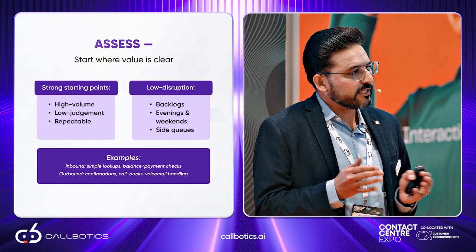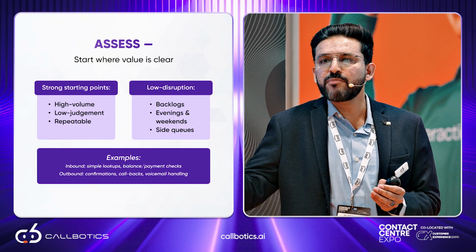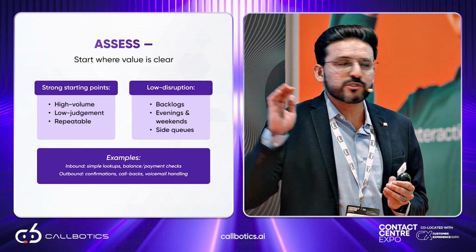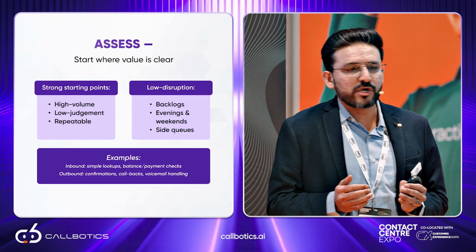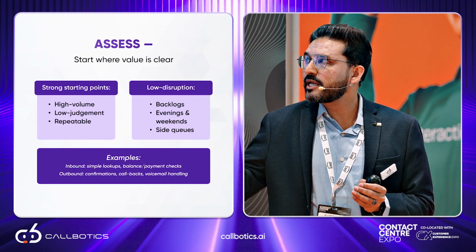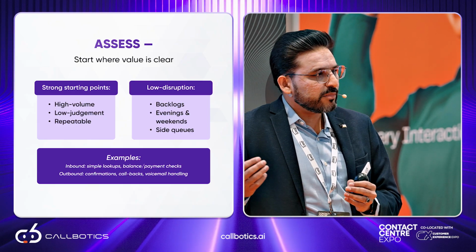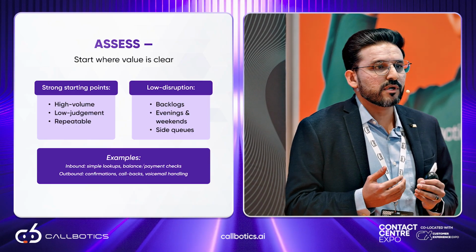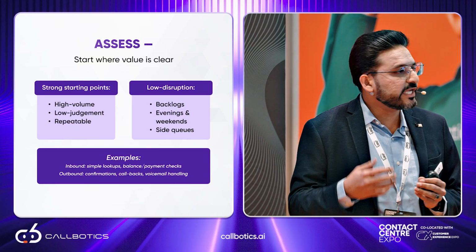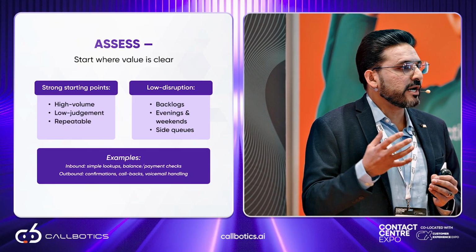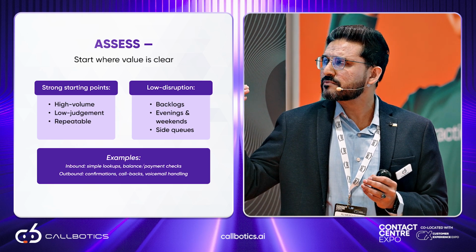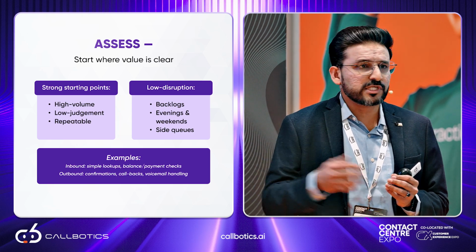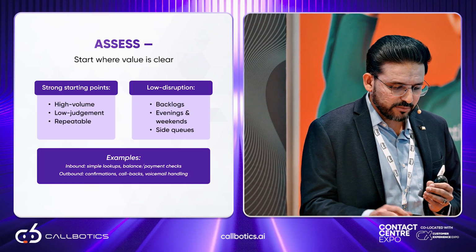If that is not possible, the second best option would be backlog or surge calls that our current teams are not able to handle. If even that is not available, go for the after-hours or weekend queues where you are understaffed or don't have staff at all. And then you go for side queues if even that is not available.